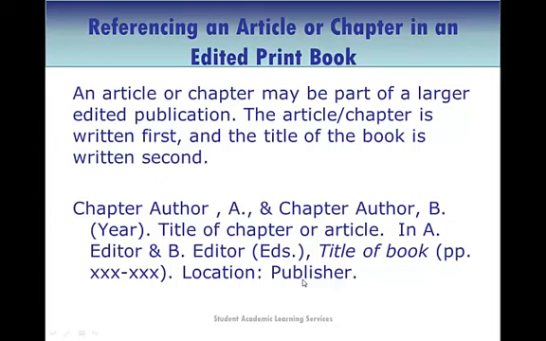So that's way too much information for you to be expected to memorize. The example is in the guide, and really what you're expected to do is figure out what type of source you're looking at, and then find the example that matches in the guide, and then apply the format into your references page.